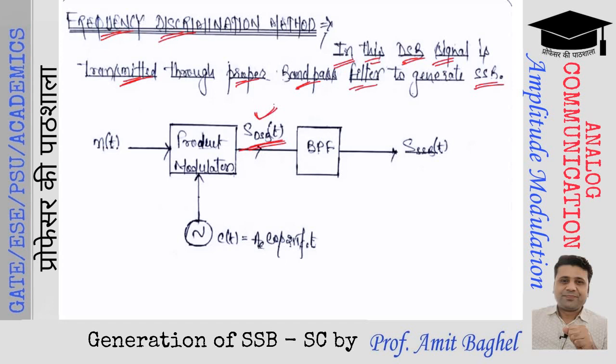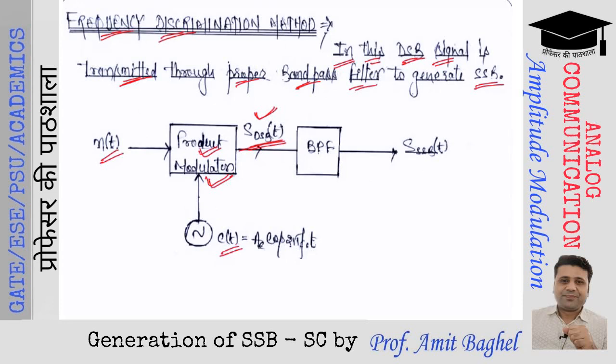How to generate the DSBSC signal, we have studied earlier. A product modulator is used to generate the DSBSC signal. A product modulator has two inputs, message signal m(t) as well as carrier signal c(t). So the product modulator will multiply these two inputs and will produce the DSBSC signal.